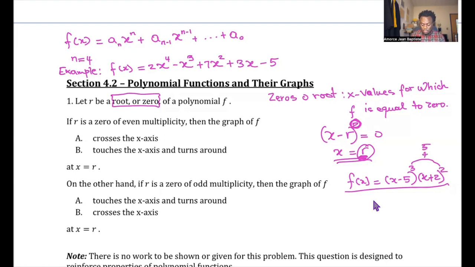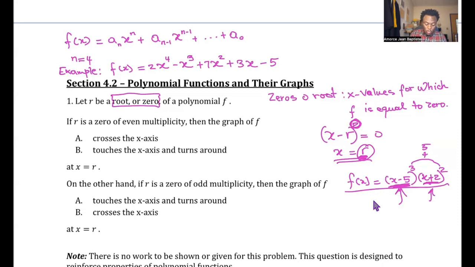Because this factor repeats in this expression 3 times, and this one repeats 2 times. When you expand, this will give you a polynomial of degree 3, and expanding this will give you a polynomial of degree 2. And then you would multiply them again, and the highest degree would be 5.